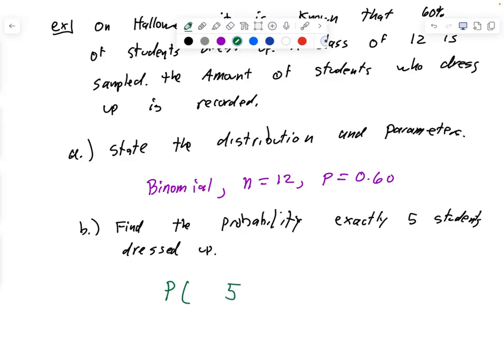That X equals 5. So I'm asking you to write this notation, the probability that X equals 5, and then we have to find the answer. Make sure you use this notation.